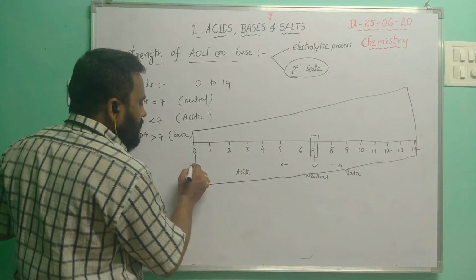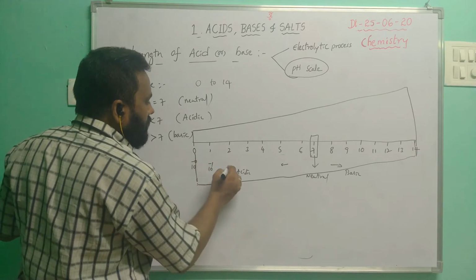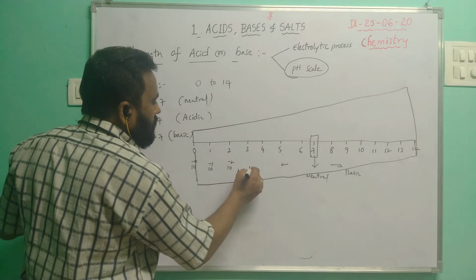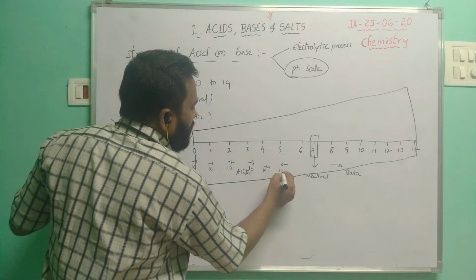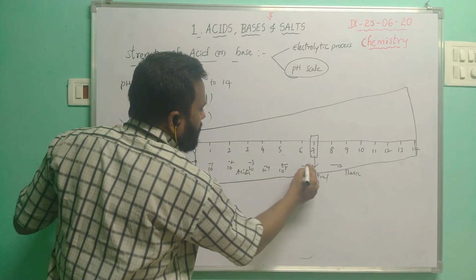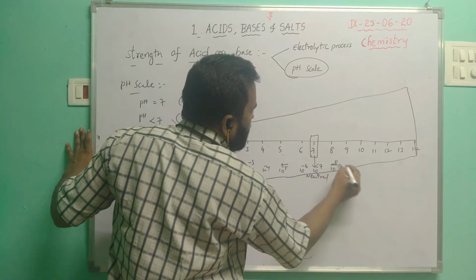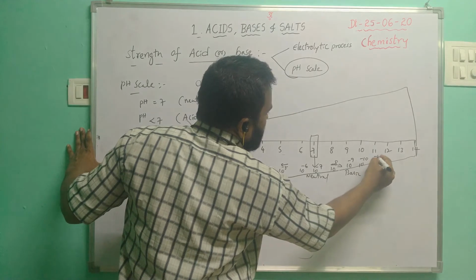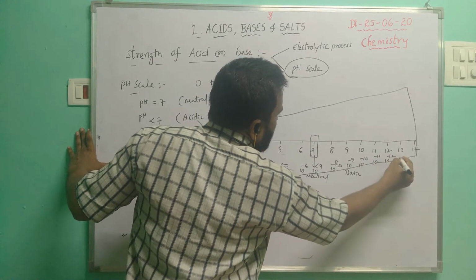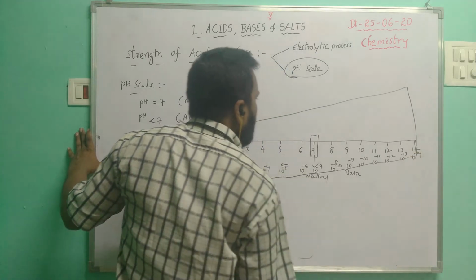Here H plus ion concentration equals 10 to the power minus 0, minus 1, minus 2, minus 3, minus 4, minus 5, minus 6, minus 7, minus 8, minus 9, minus 10, minus 11, minus 12, minus 13, minus 14.